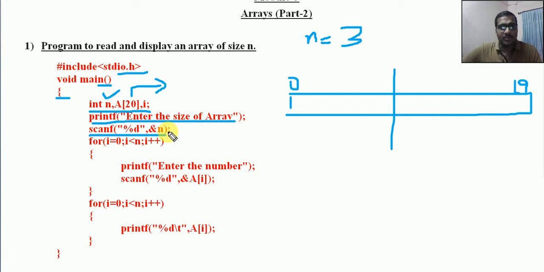So n will have some value, like 3. In this example I am giving the value as 3. Now our array size is actually given as 3. So automatically we can assume 3 means 0, 1 and 2. This will be the index allocation, and here we can hold the values.